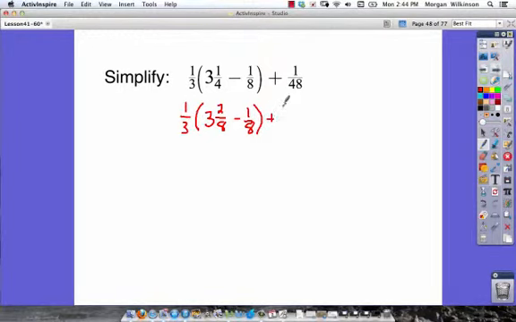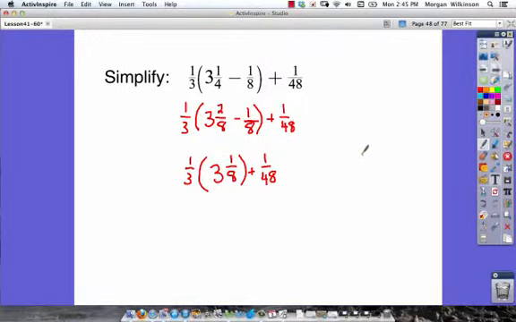Then we're going to add 1/48. 3 and 2/8 minus 1/8 must be 3 and 1/8. Then we're going to multiply that by 1/3 and add 1/48. Now remember, when we multiply a mixed number times a fraction, we've got to change that mixed number to an improper fraction.